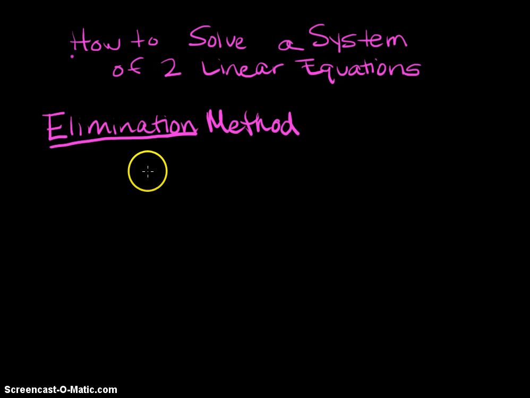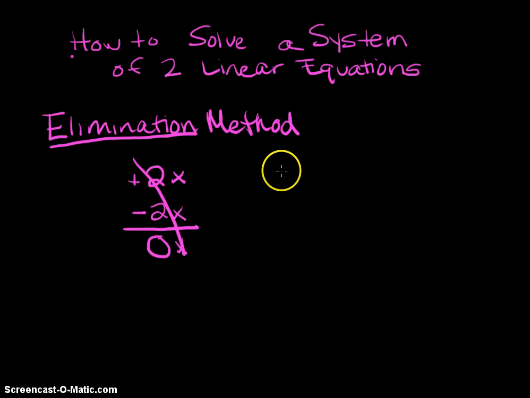So if I've got two variables here, positive 2x and negative 2x, if I was to add these two together here, I would get 0x, and essentially I'm eliminating a variable. And the same would go if I have negative 3y and positive 3y right here. If I was to add these two together, I would get 0y.